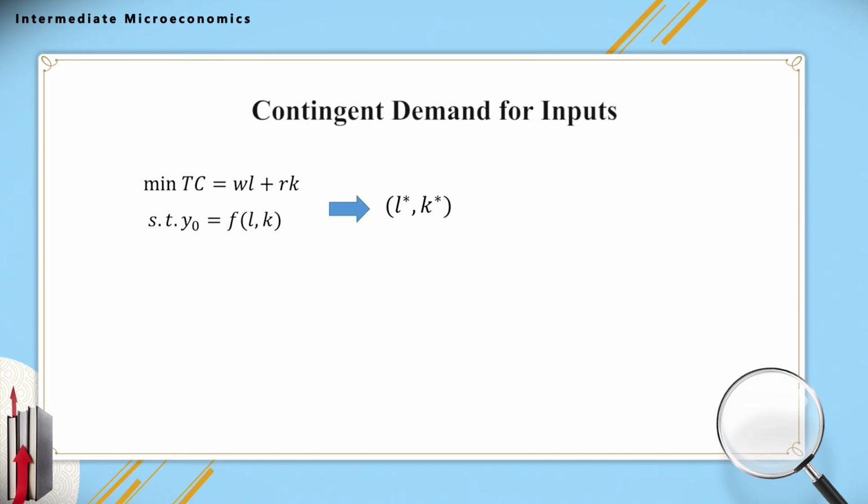By solving the above cost minimization problem, we can find out the optimal combination of factor inputs to produce Y output. It is not difficult to find an optimal combination of factor inputs for any output level. So there is a one-to-one correspondence between output level and input bundle. The optimal input quantity of factors, or the demand quantities of factors, depends on how much output the producer wants to produce.